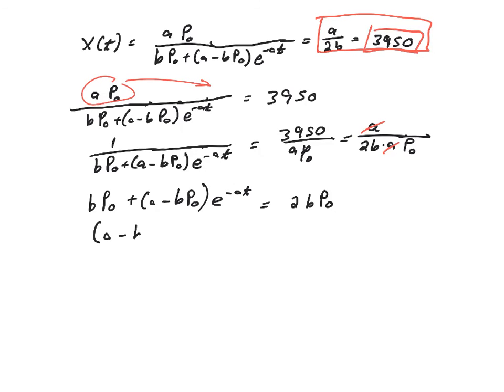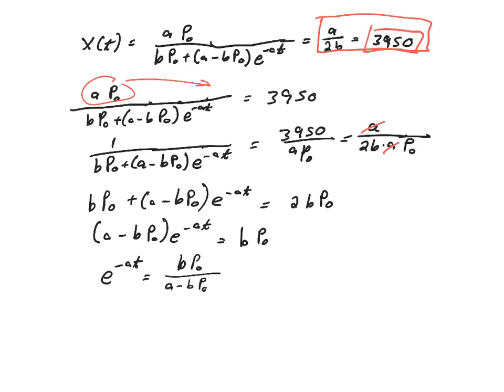You get A minus B P naught e to the negative AT. That's just going to be B P naught. Wow, I really like it when things like that happen. Okay, so now divide both sides. So I have e to the negative AT is going to be equal to B P naught divided by A minus B P naught.